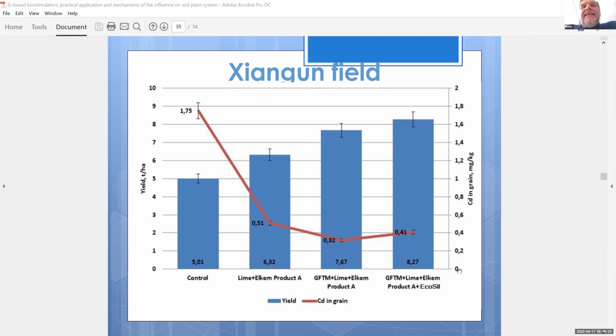When we applied silica fertilizer, the yield increased, sometimes by 10%, 25%, 50%, but at the same time the cadmium content and other pollutant content decreased. And this is very important because it was found that cadmium, arsenic, mercury, and lead now have a primary negative effect on human health. So we must provide healthy food. Next, please.